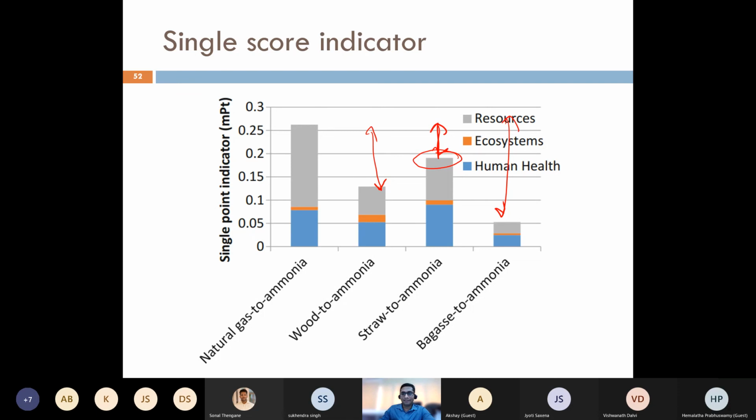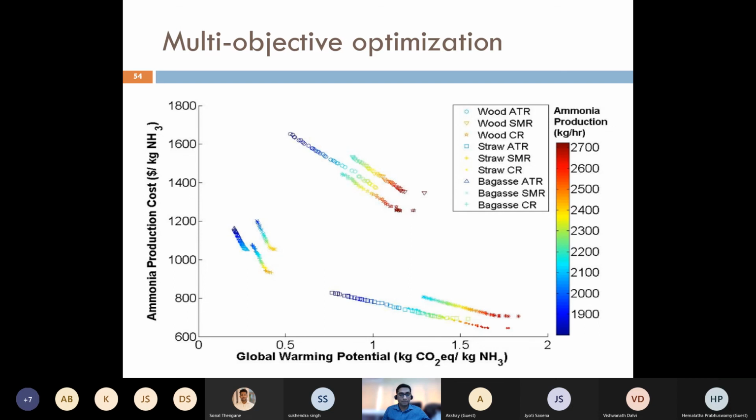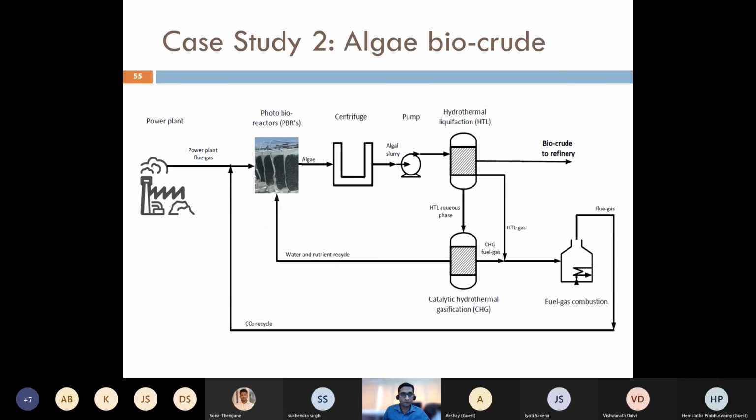So this study was shown to emphasize the importance of LCA, that the same process could have very different impacts, which could be coming from different biomass, different supply chains, different characteristics, or national factors like we have in India, where electricity is coming from dirty coal-based power plants, or even a lot of use of pesticides and insecticides in the fields. So this is something that I would like to discuss tomorrow.